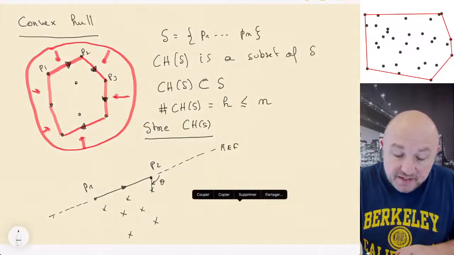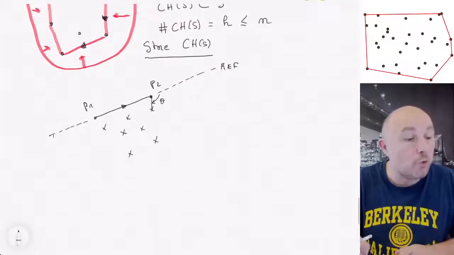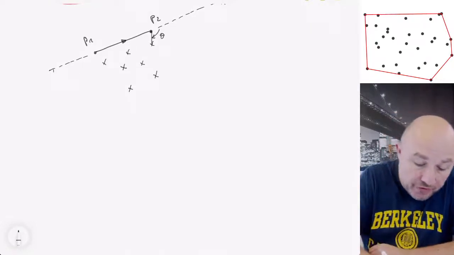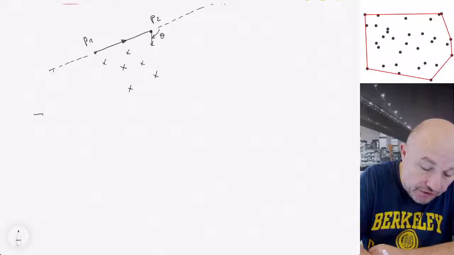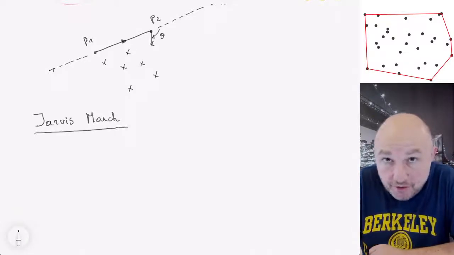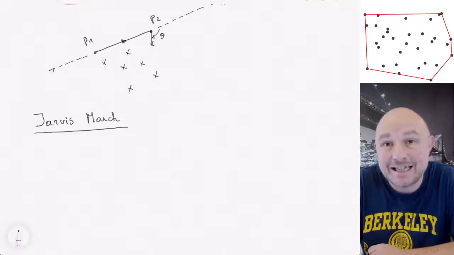So with this simple remark, we are going to devise a first algorithm which is called Jarvis March. I am going to describe the algorithm and then compute its complexity.